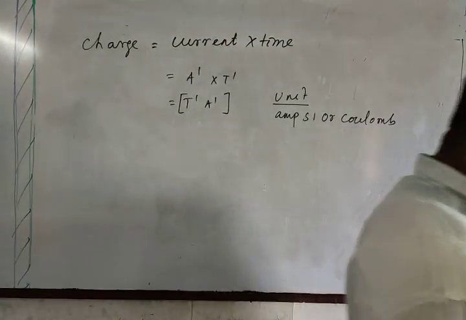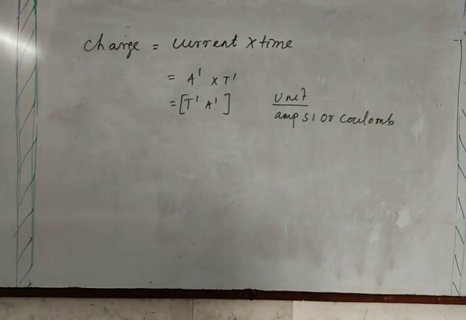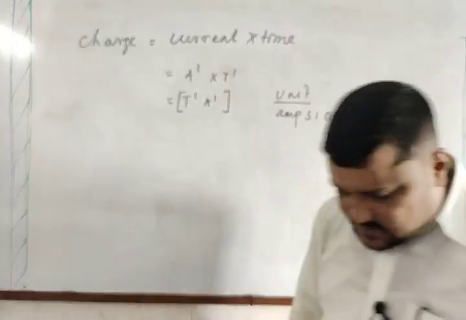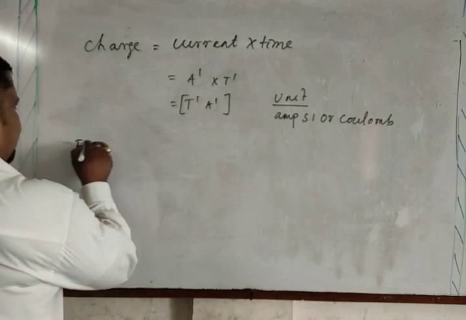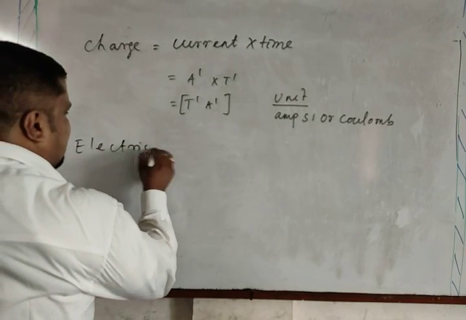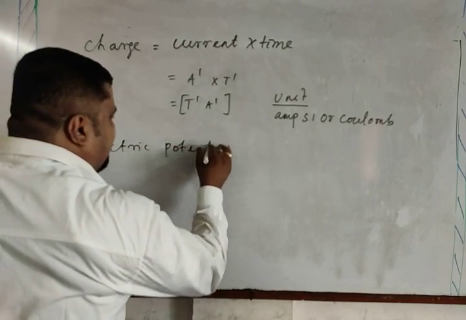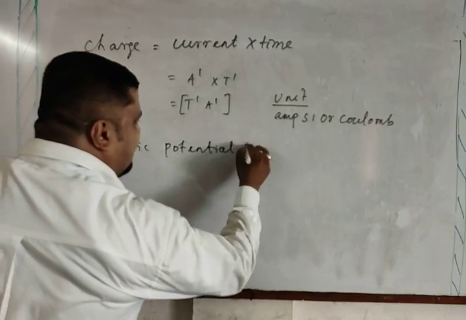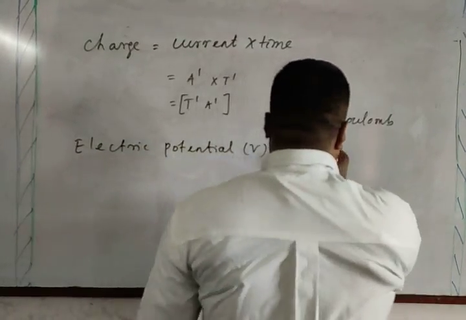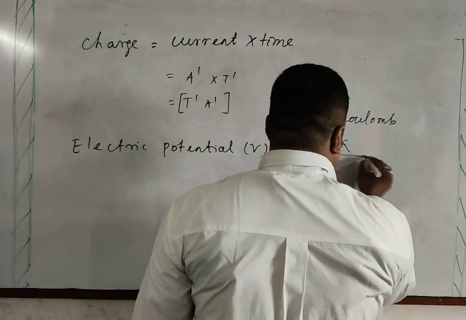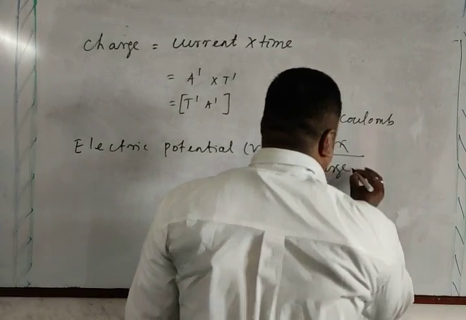Okay, similarly from here we will get another physical quantity called the electric potential, like gravitational potential. Here I will find out the electric potential. The electric potential V is equal to the work done by charge.